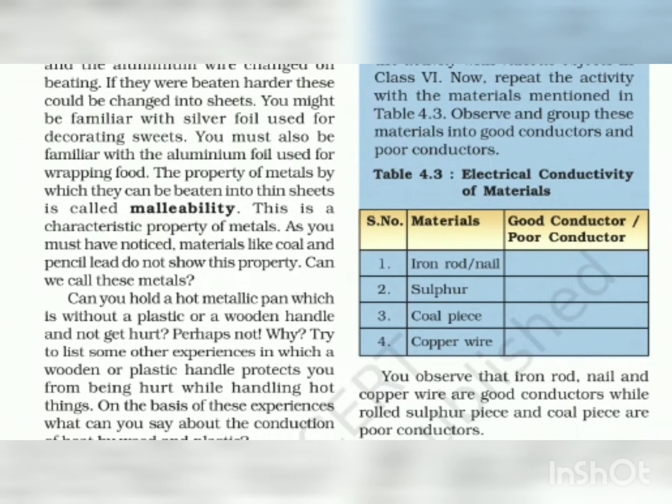When you keep sulfur or a coal piece, electricity will not pass through it, so it is a poor conductor. And the copper wire is again a good conductor, it can pass electricity through it.